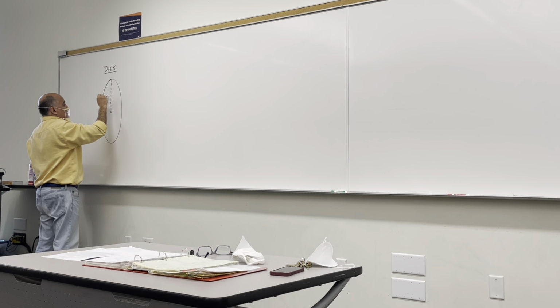If you cut it and you stretch it, what would it be? The thickness is the dr, but what is the length? 2 pi r, the circumference. So therefore this would be Q over pi a squared times 2 pi r dr.